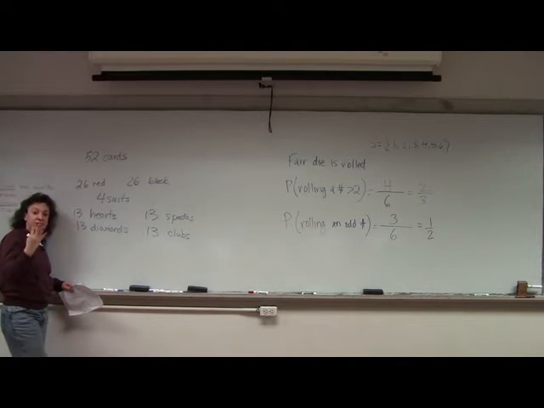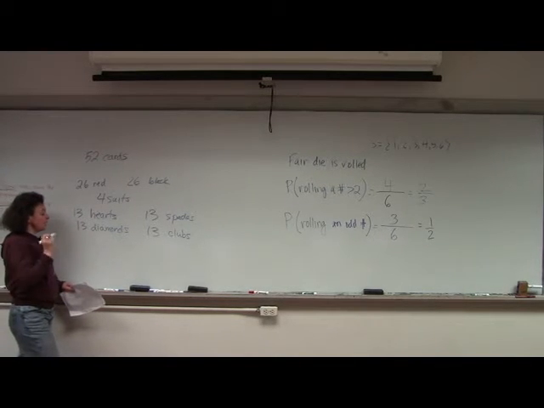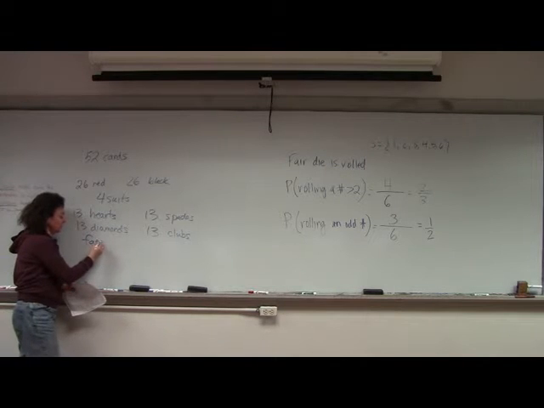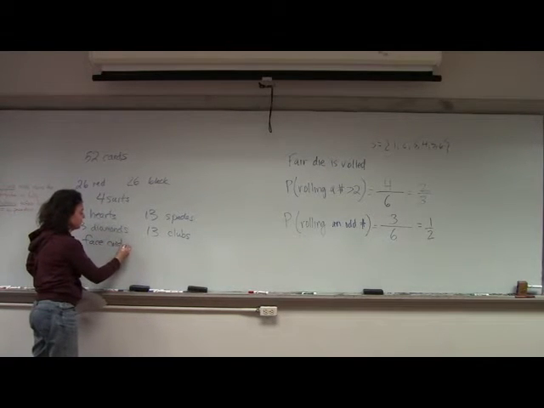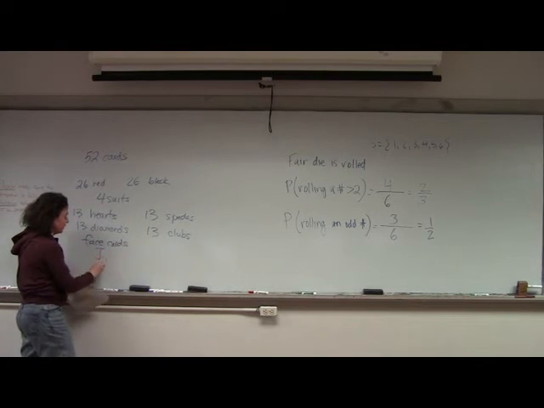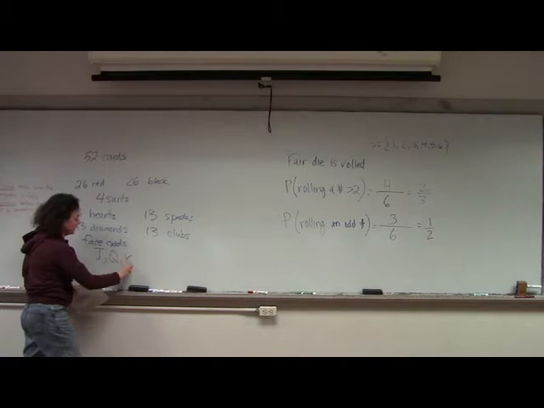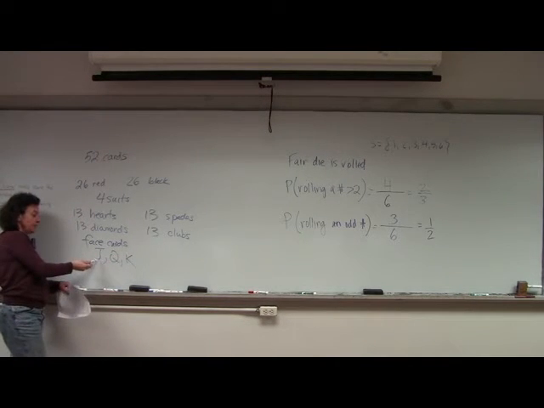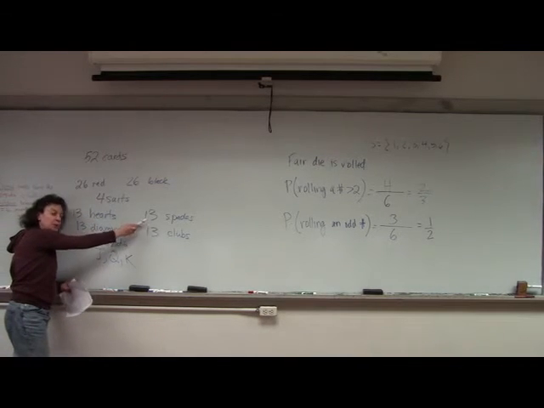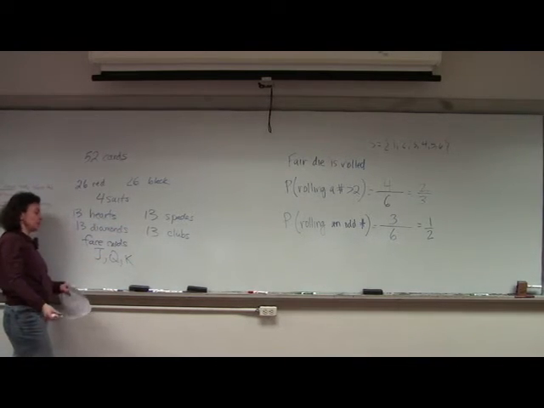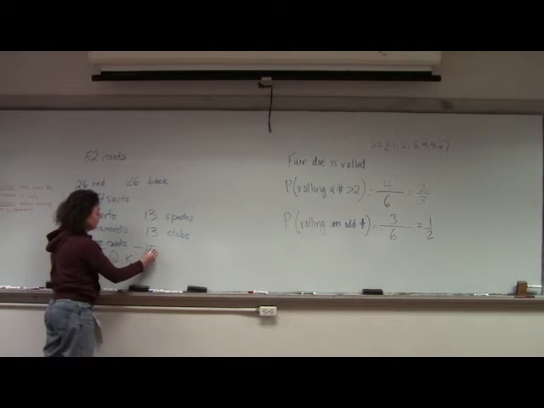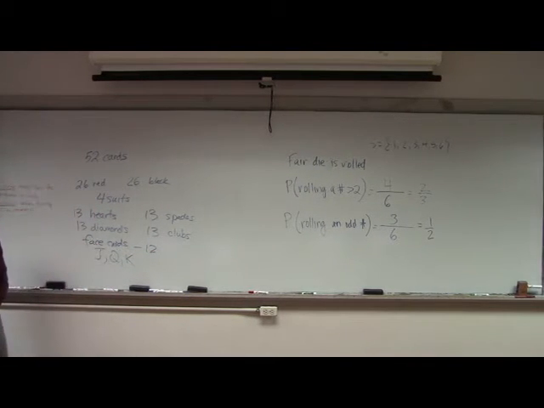So there's 4 of each type of card. Some particular cards that we discuss in this class are what's called face cards. Those are our jacks, queens, and kings. And we have a jack, queen, king of hearts, of diamonds, of spades, and of clubs. Therefore, there's 12 face cards.